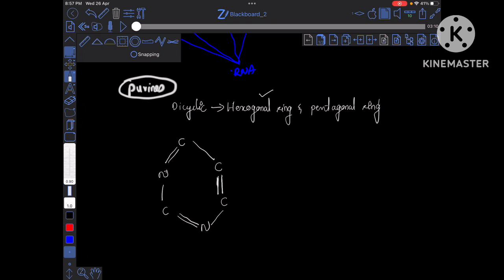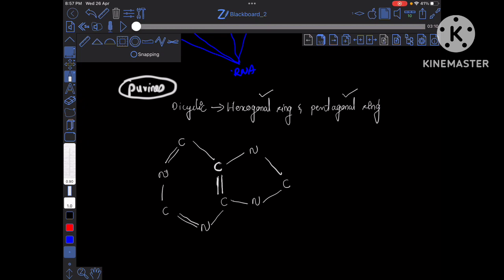Attached to the hexagonal ring, there is a pentagonal ring. So how to draw the pentagonal ring? In the pentagonal ring, carbon and nitrogen alternate. So here the carbon residue is present. The next one is nitrogen, then again carbon, then again nitrogen.